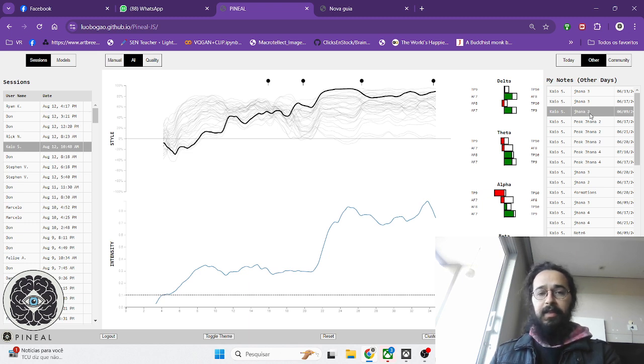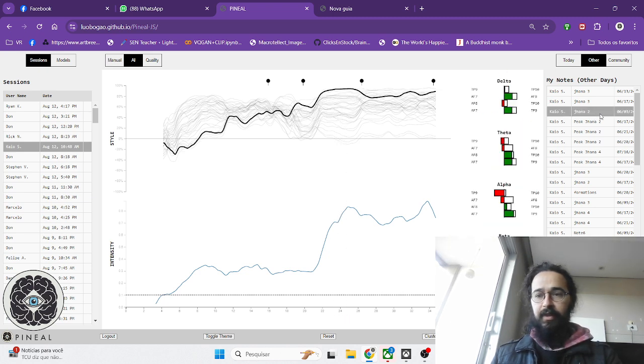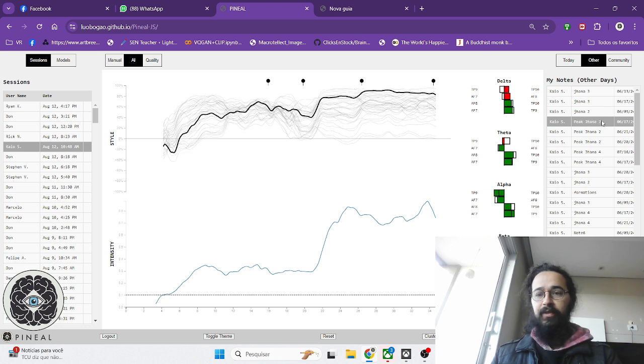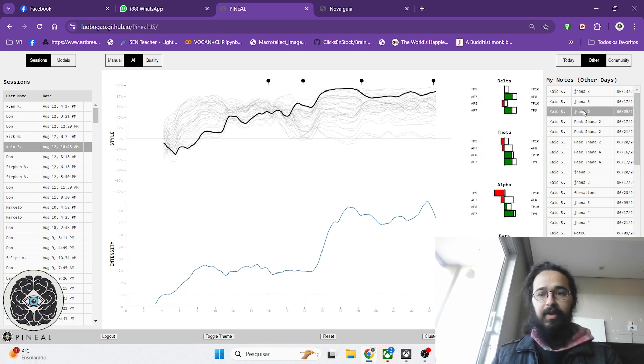And if the black line is above the horizontal line of the 0%, it means that in, for example, 24 minutes of this specific previous session, I have like 80% of similarity.